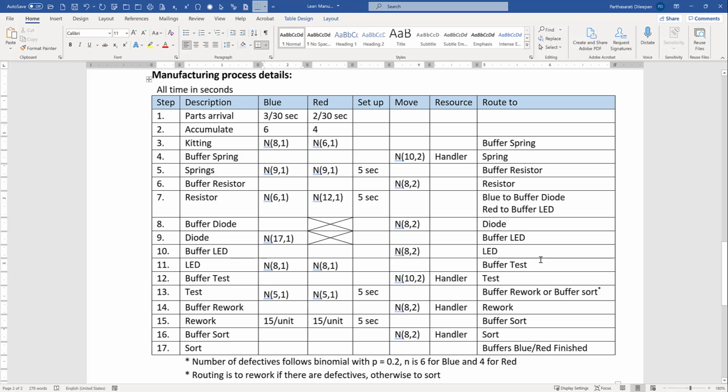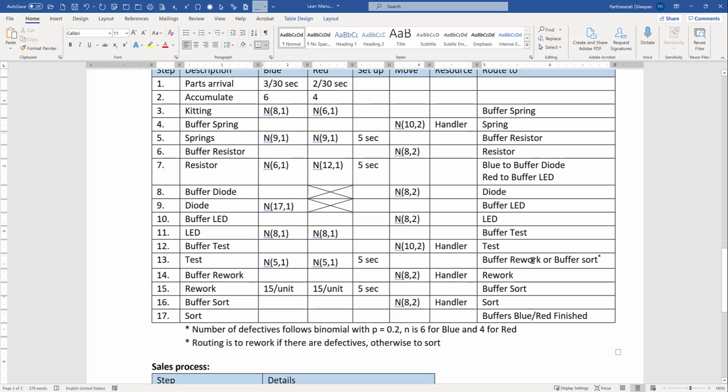It goes to buffer test. From buffer it moves to test station, and you need a handler for that. Okay, normal 10,2. They're all in seconds. And then the test time is the same for both blue and red, and there is a 5 second setup time.